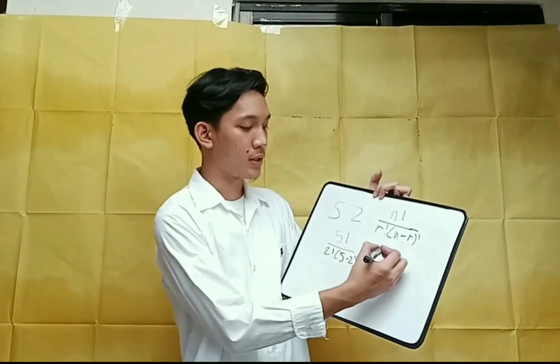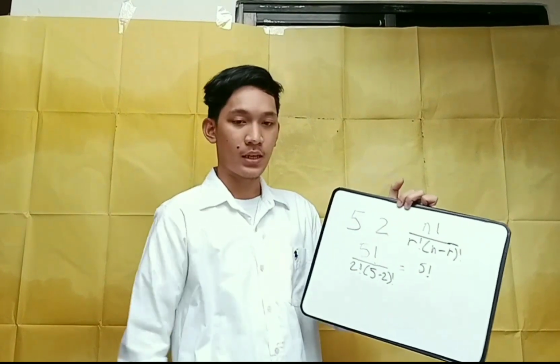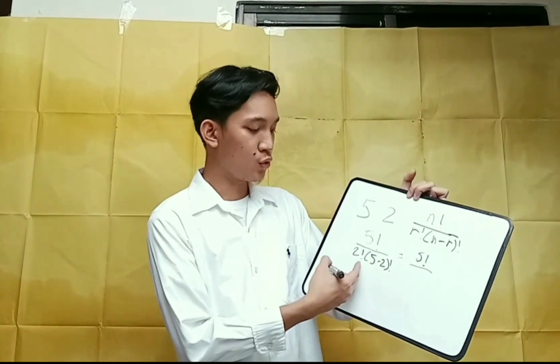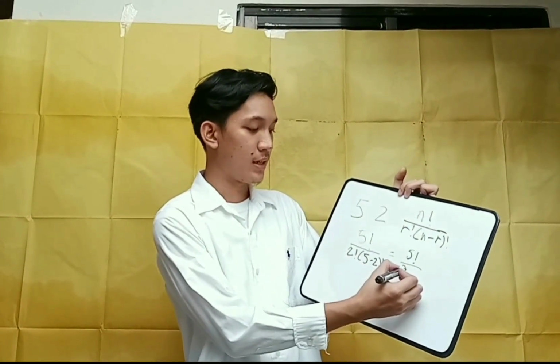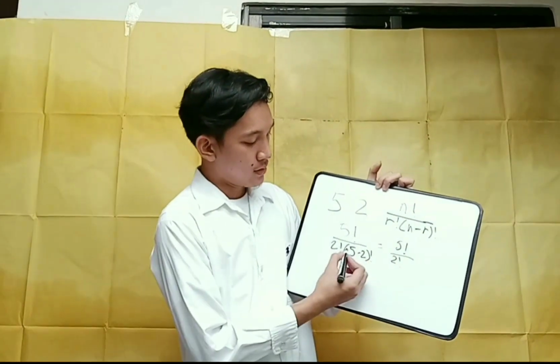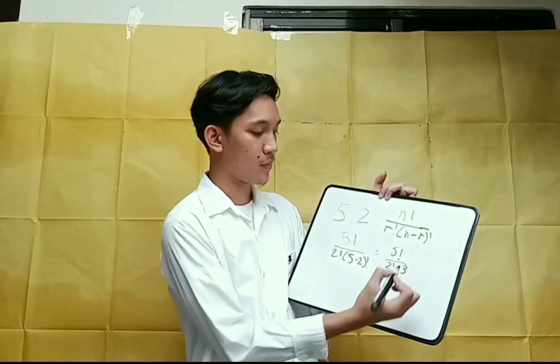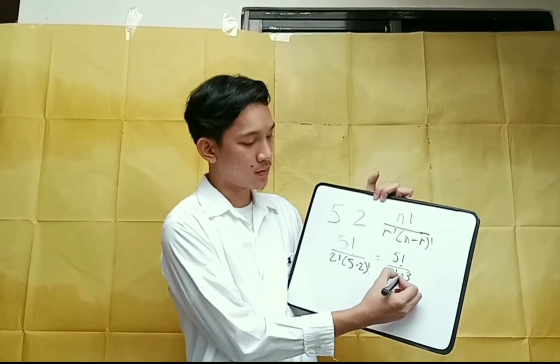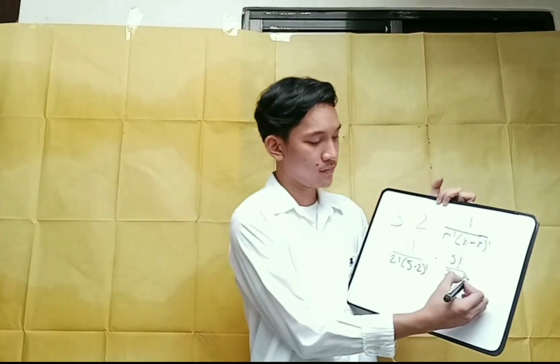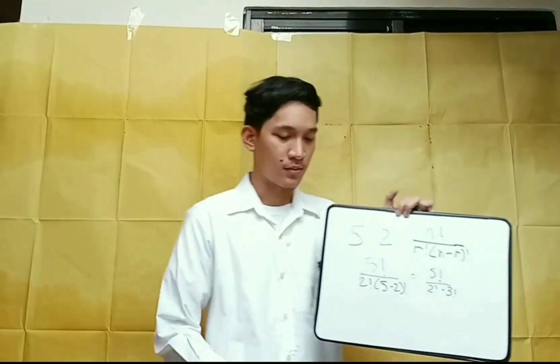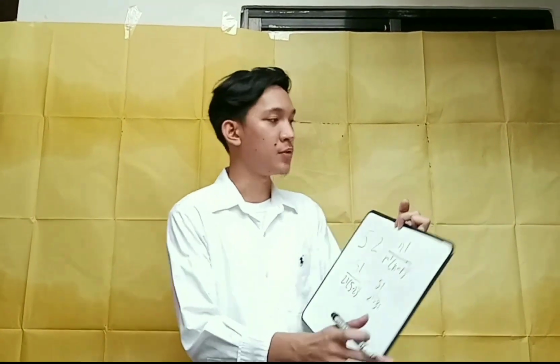So 5 factorial again, and 2 factorial, and 5 minus 2, which is 3. Let's put a multiplication sign. Now we're going to solve this by using my calculator again.